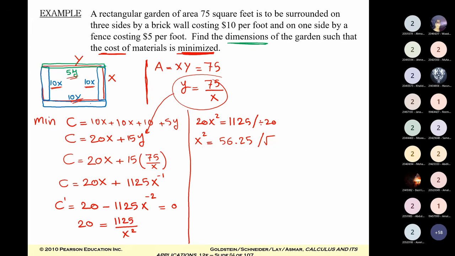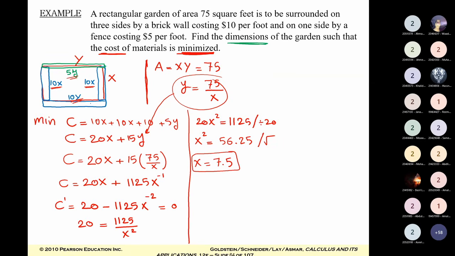Take the root. We have x equals 7.5. Okay, this is the value of x.